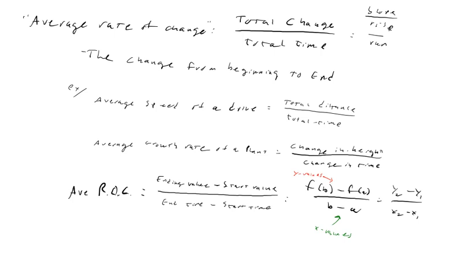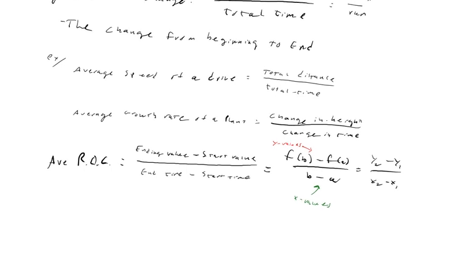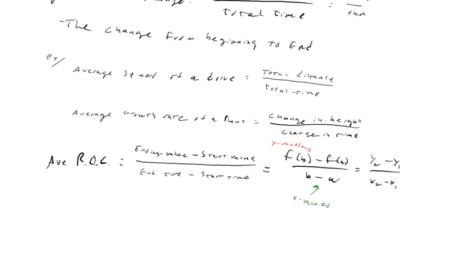Ending value minus the starting value over the ending time minus starting time. Your rate of change. Your slope, same thing as you've been doing since 8th grade. But now we're giving it a context, some placement. This is your average rate of change, f of b minus f of a over b minus a. This is our formula for rate of change.